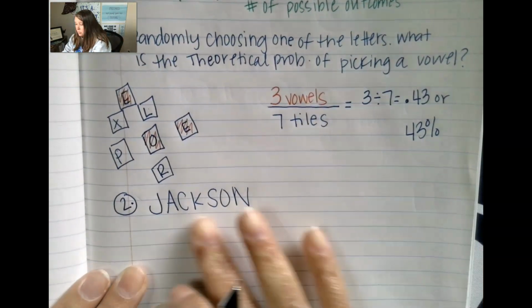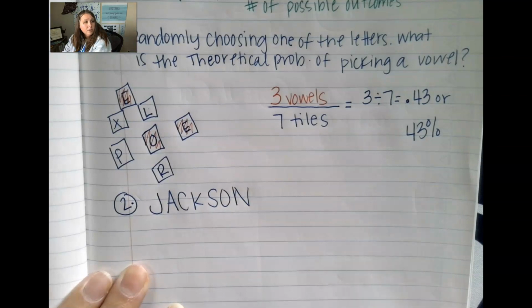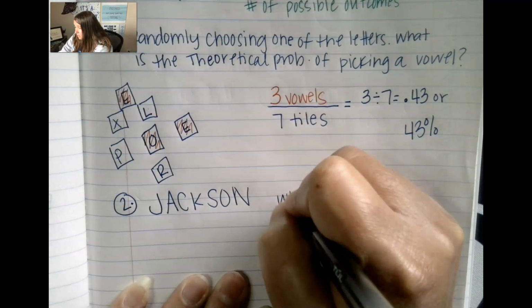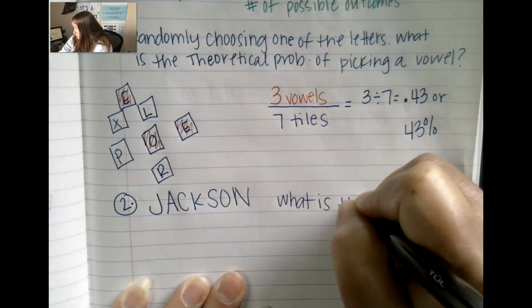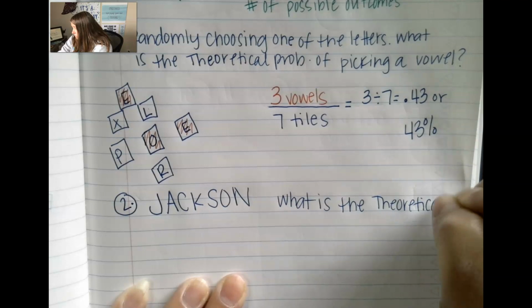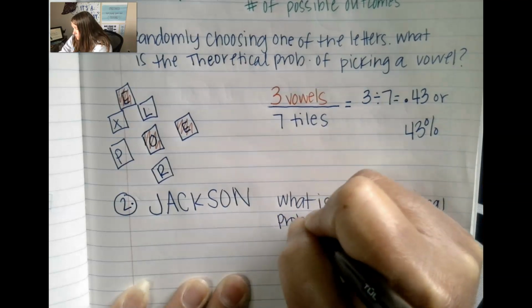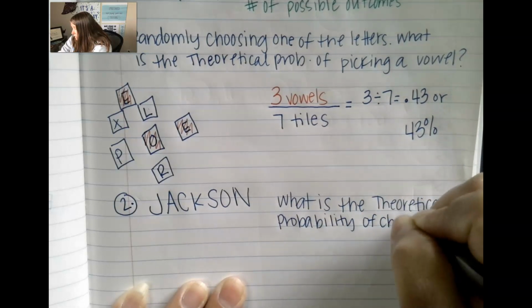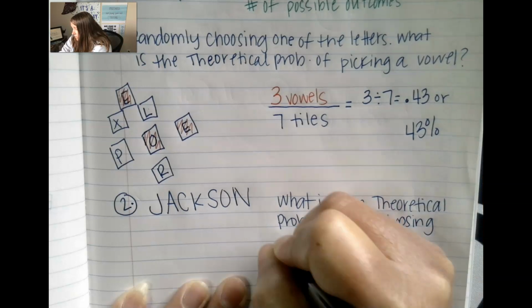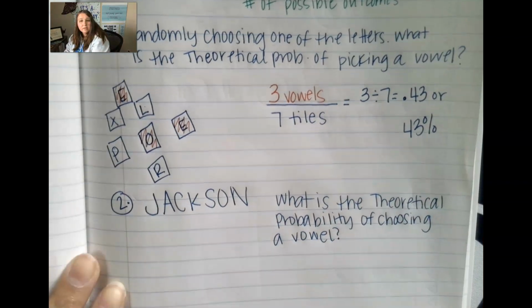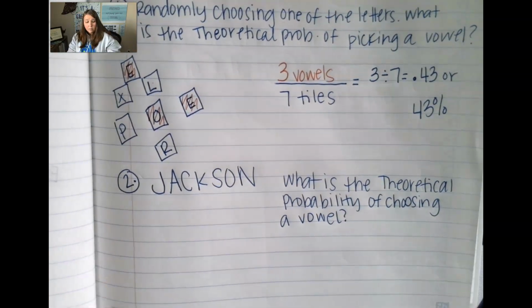Okay, so these letters are put into a hat, and you randomly choose a letter. What is the probability of choosing a vowel? So we have another vowel situation here. Okay, so again, we're going to look and see how many vowels are in the word Jackson.